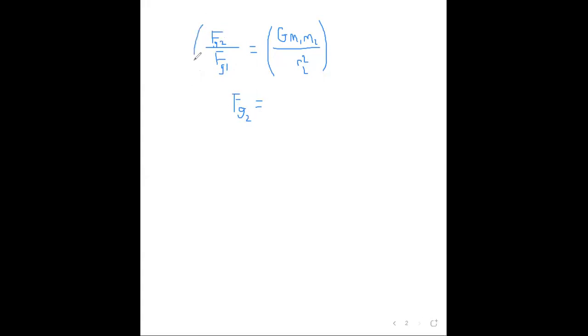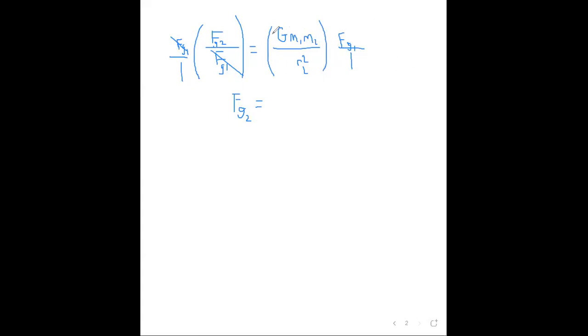I'll just multiply it. I'll show you guys. So you have FG1, and this will cancel with this. Then you're just left with FG2, but you also have to multiply by FG1 on the right-hand side. It's fraction multiplication, where you just multiply the numerators together and the denominators together.